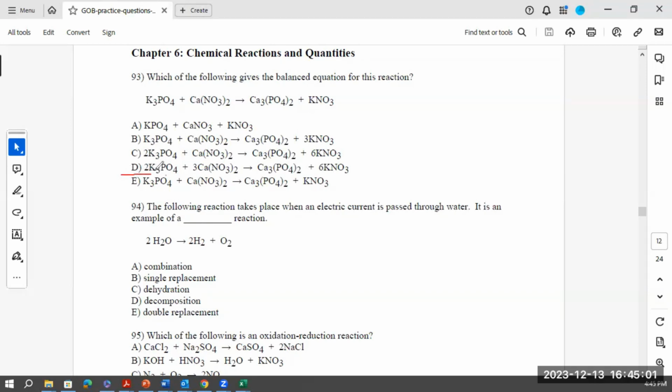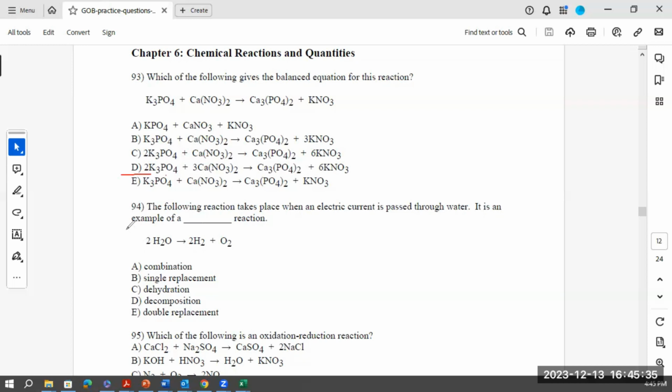We have six potassiums over here, six potassiums. We have two phosphates, three calciums, and six nitrates, six nitrates. Okay, looks good. So D is the correct answer. D is in donkey.